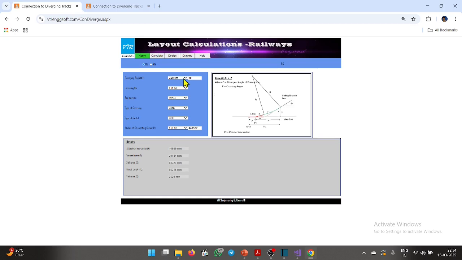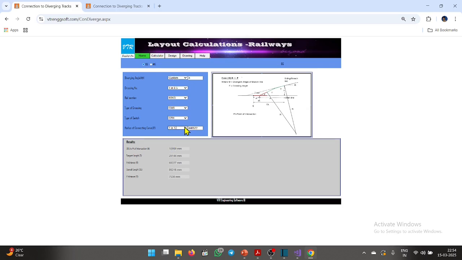And like that, suppose you have a 1 in 8.5 crossing. This angle is only 4 degrees there, this is 6 degrees. In this case, how to do it? This is 1 in 8.5. That means here the angle is less than your angle of crossing.